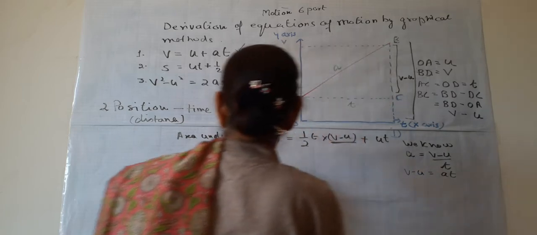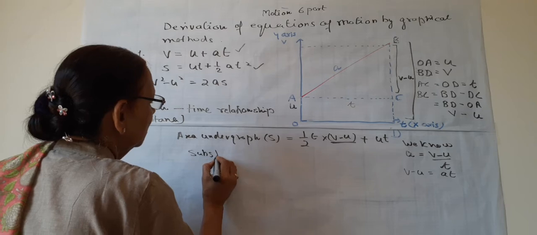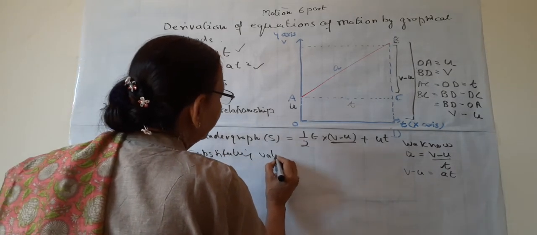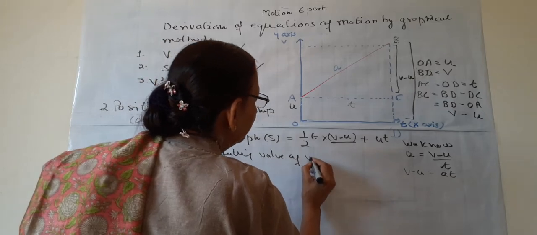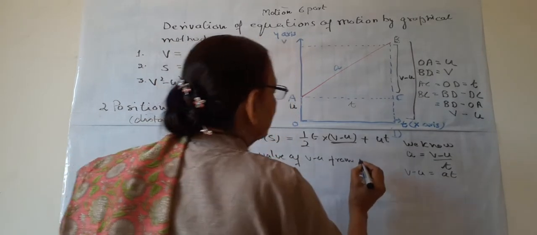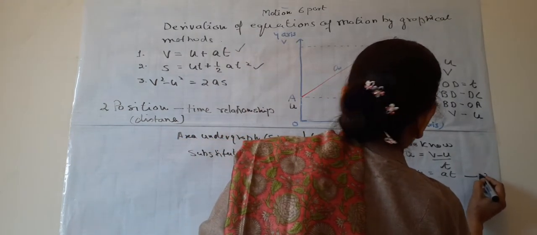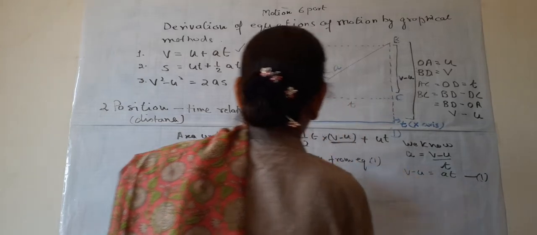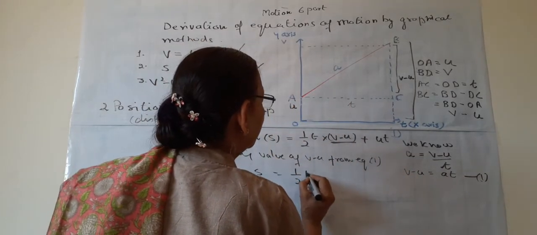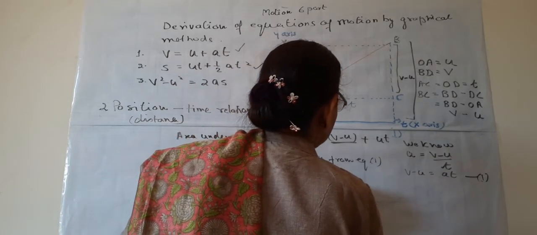Now substituting the value of V minus U from equation 1. What will we get? S is equal to half T, then AT, plus UT.